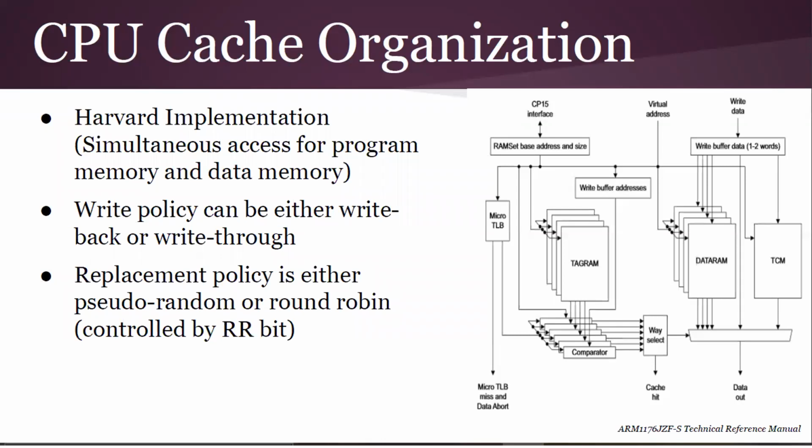The type of memory used in this ARM 11 core processor is called four-way set associative cache memory. You might have studied such memories, which are associative memories.